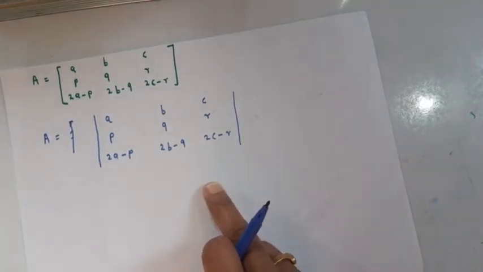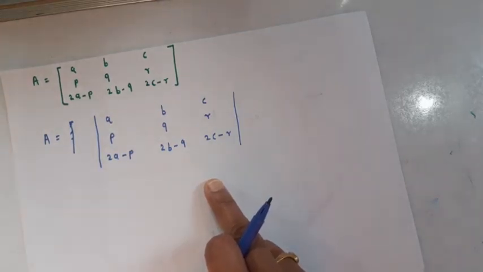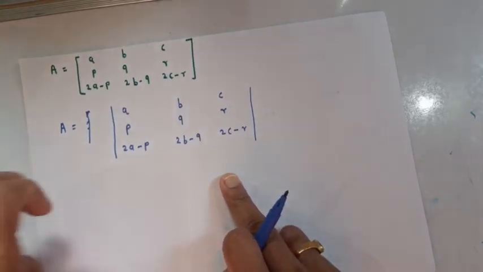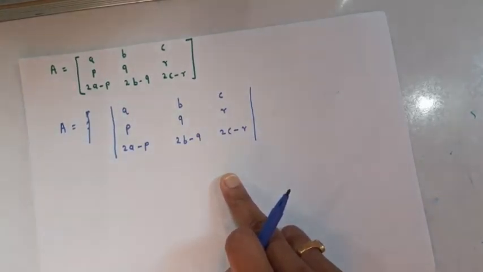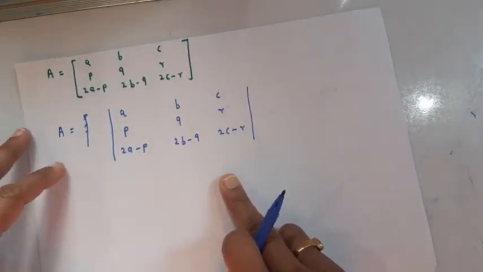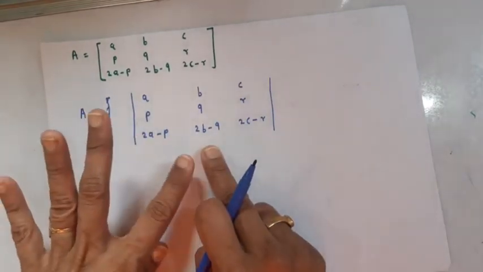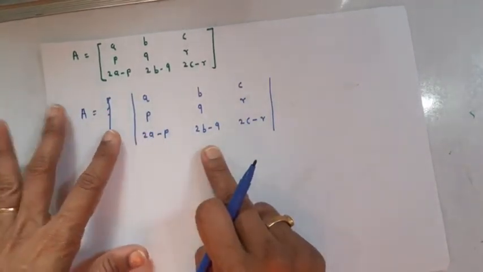The properties of determinants are deleted from your syllabus, so I have not explained them, but to solve this example we have to use the property. Let us see how we can simplify this determinant into a simple form so that we can solve it easily.